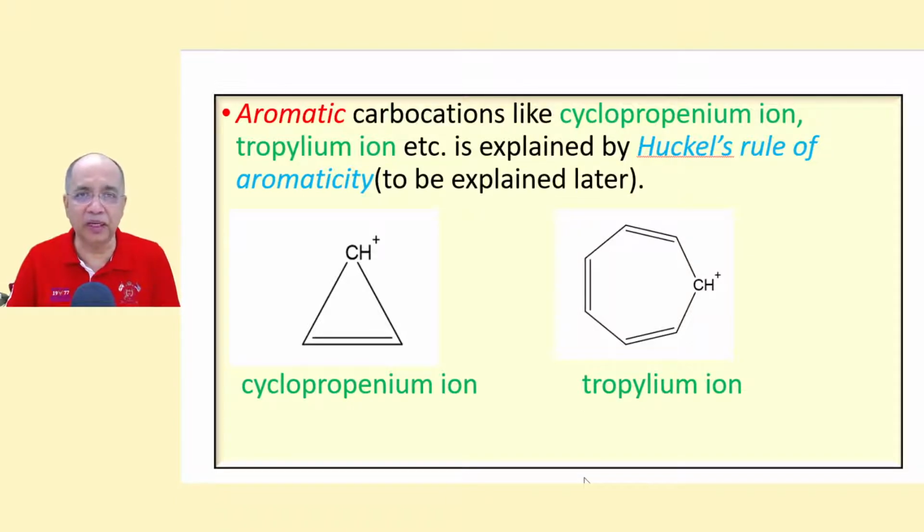We'll talk about that later. That will be explained by Huckel's aromatic theory, the rule of aromaticity. We'll not discuss it here. Now the cyclopropenium ion and the tropylium ion, that is the cycloheptatrienyl cation, are extremely stable due to aromaticity.